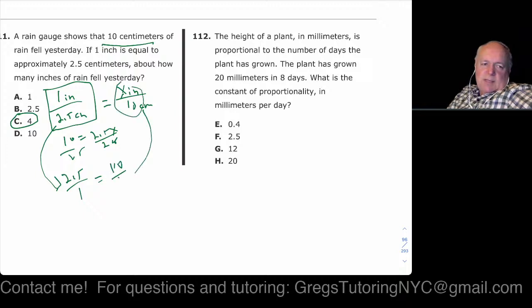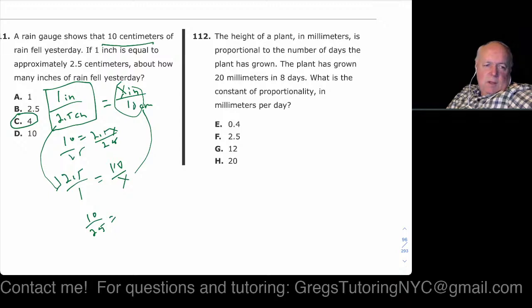That's the same way. There also, we could have done 10 is the 2.5 as, where's the number? No, I wrote that wrong.